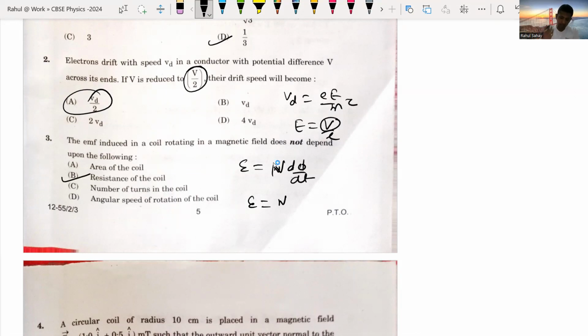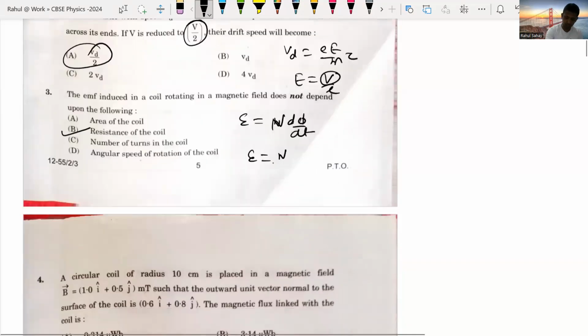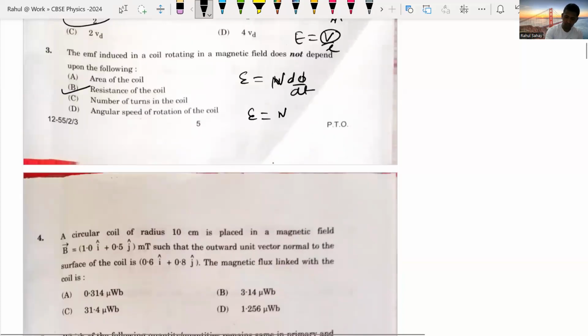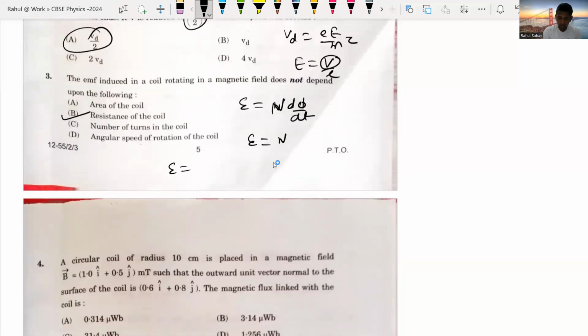Even for the rotating coil, current depends on R, not the induced EMF, which depends on the rate of change of magnetic flux. And for a rotating rod, you can say E is equal to half B omega L square. Here omega they have mentioned, so it depends on omega as well, but not R.